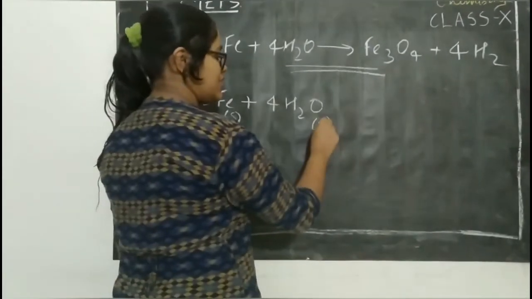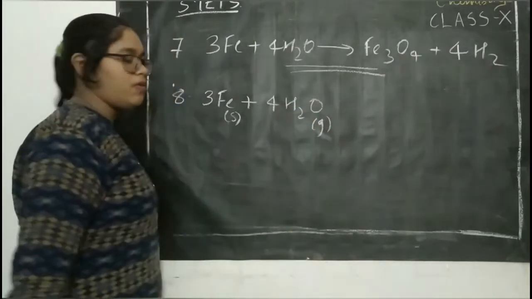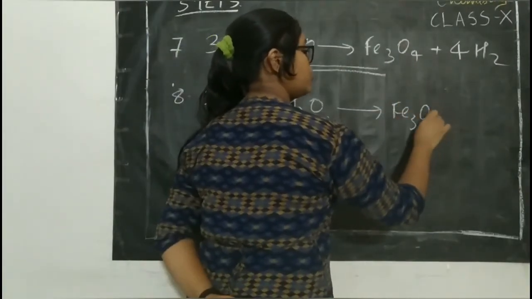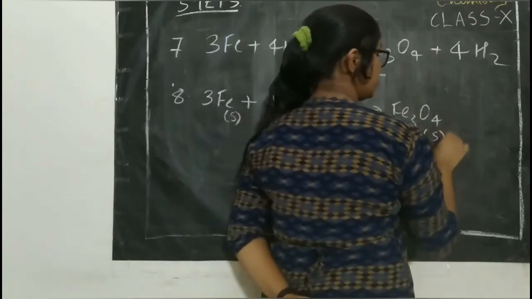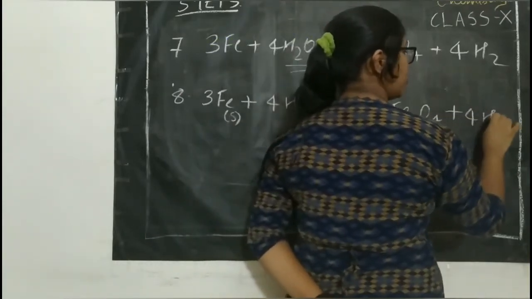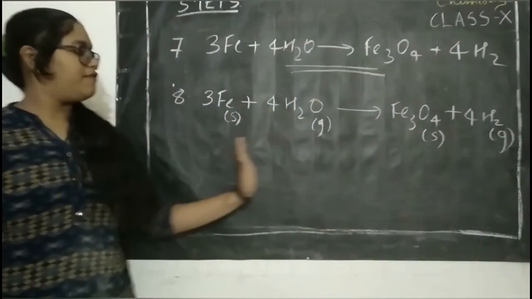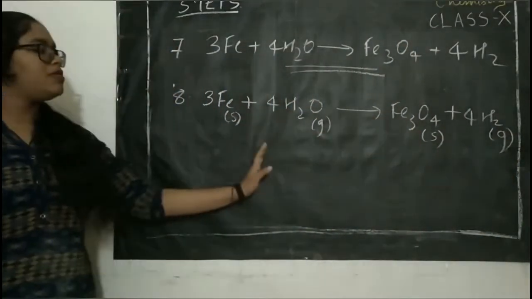So steam is present in gaseous form, so G. Now Fe3O4 is present in solid state, and hydrogen is gas. So we have mentioned all the states of the compounds in this reaction.